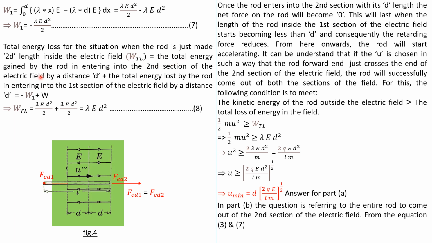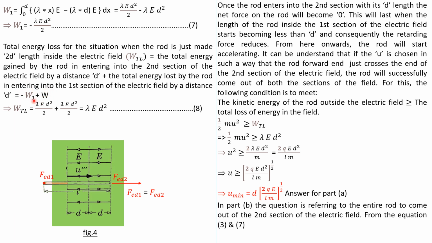The total energy gained by the rod in entering the second section of the electric field by distance d plus the total energy lost by the rod in entering the first section of the electric field by a distance d. So we can write it as minus W1 plus W.